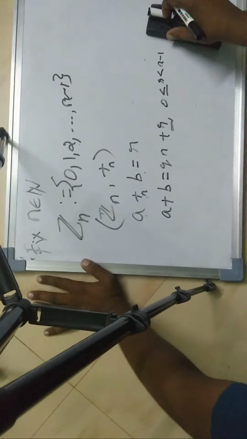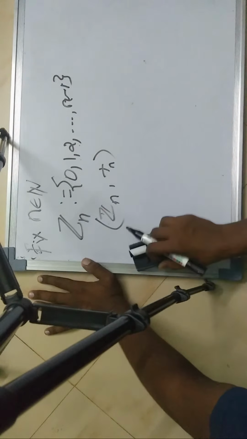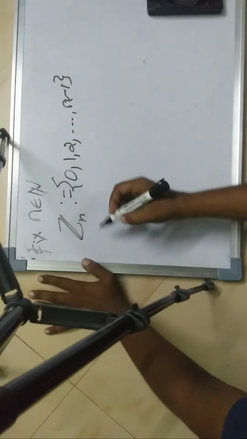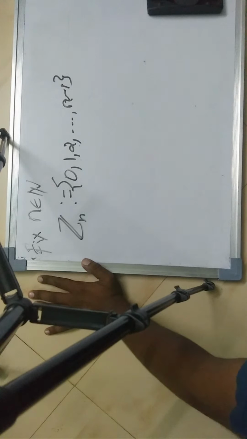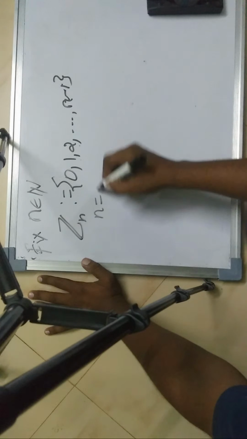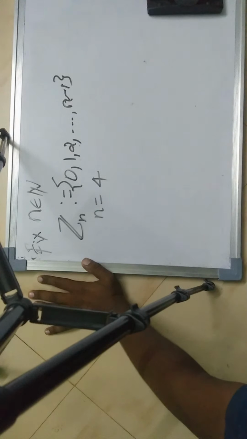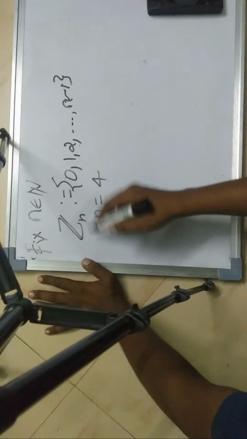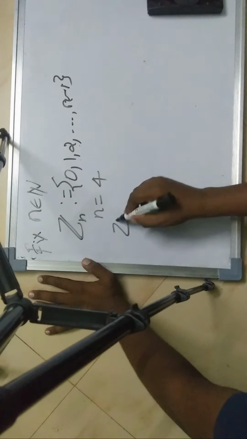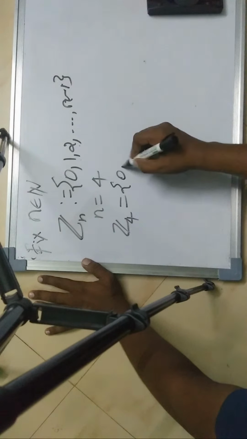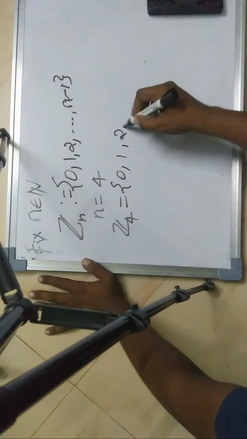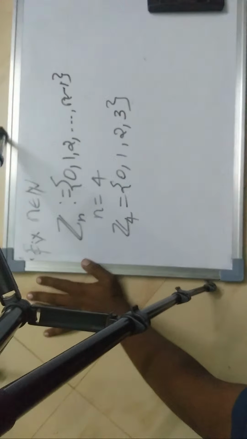So for example, we will fix the natural number n equal to 4. Z4 will contain the set 0, 1, 2, 3.